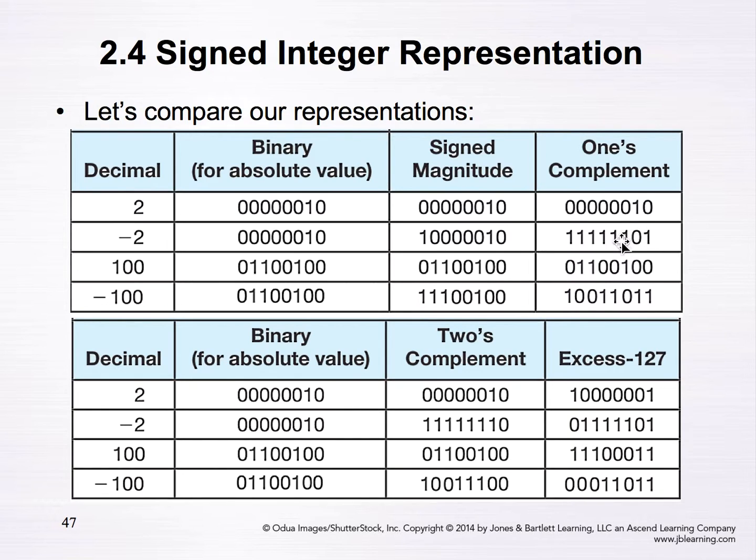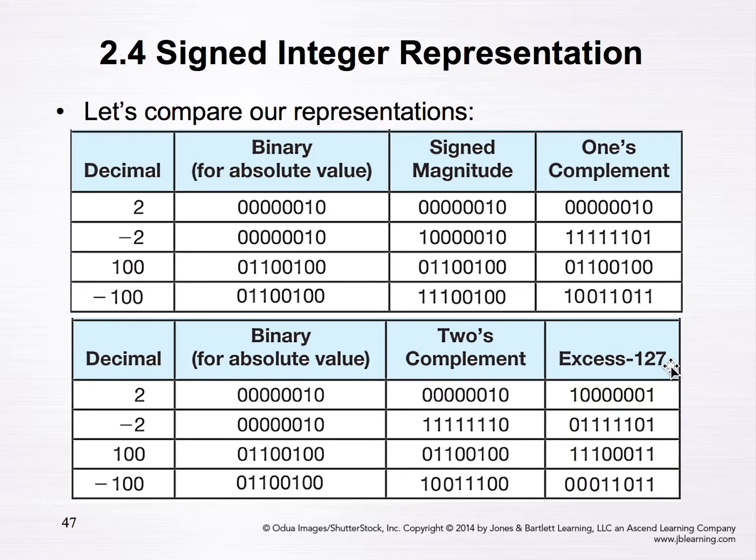In two's complement representation, we obtain the same for the positive number, and we obtain the negative by taking the one's complement representation and adding 1 to the last digit to get the two's complement representation of a negative number. And Excess 127, basically we add 127 to that number and represent it in binary.